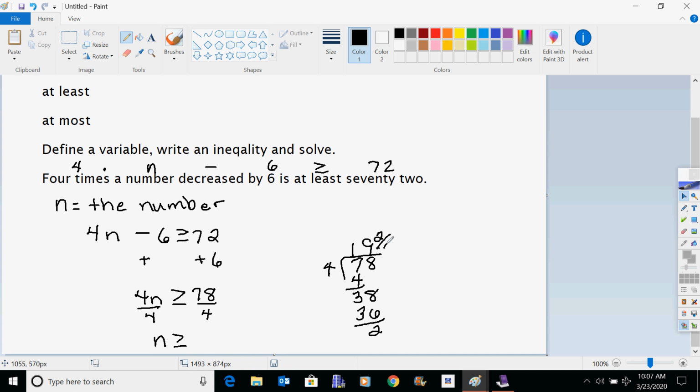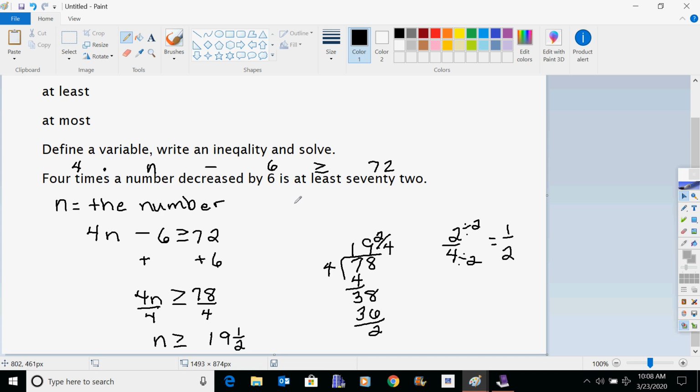So the remainder over the divisor is 2/4, and you reduce it, noticing that 2 goes into the numerator and 2 goes into the denominator. So your final answer is not just 19, it's 19.5. So the number is at least 19.5.